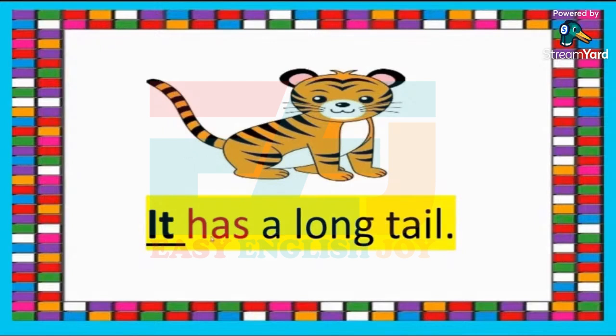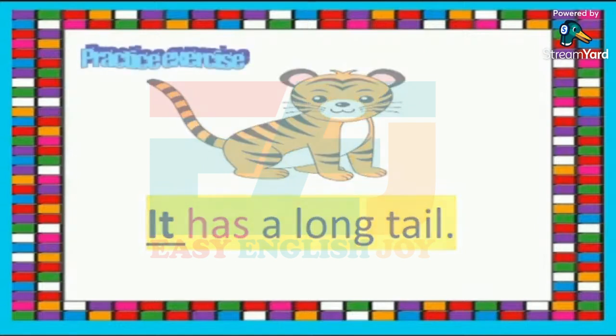So as you can see, we have here only one tail. So it has a long tail. So singular. We use it. Okay? And it is used for has if we are talking about animals.